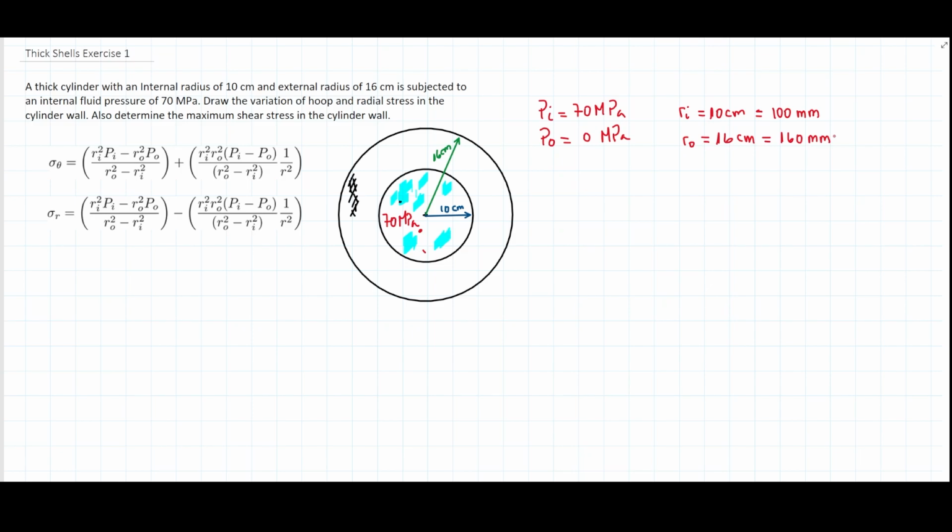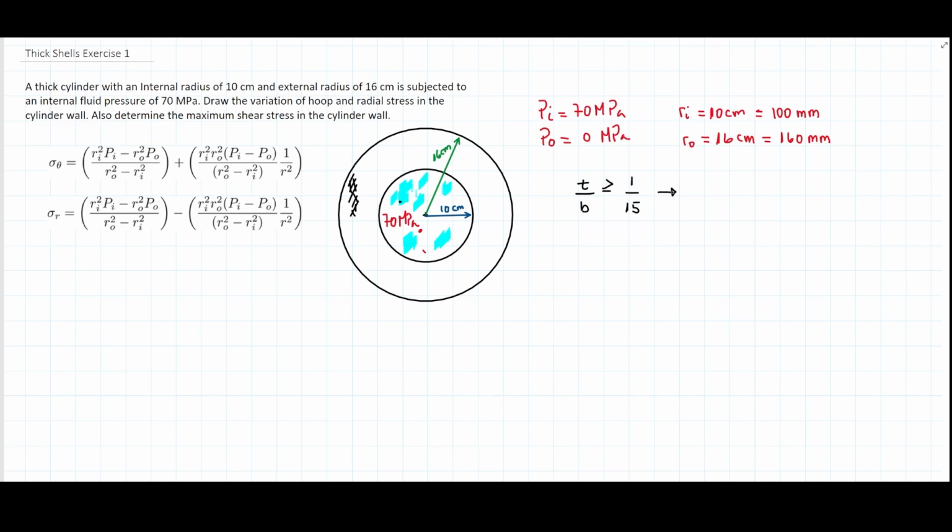One important step before substituting into the formulas is to check if this is really a thick cylinder. There is a formula given in the lectures for that. To use all the theory we have been talking about, you have to validate that the thickness of the wall divided by the outer diameter of the element is larger than or equal to 1 divided by 15.